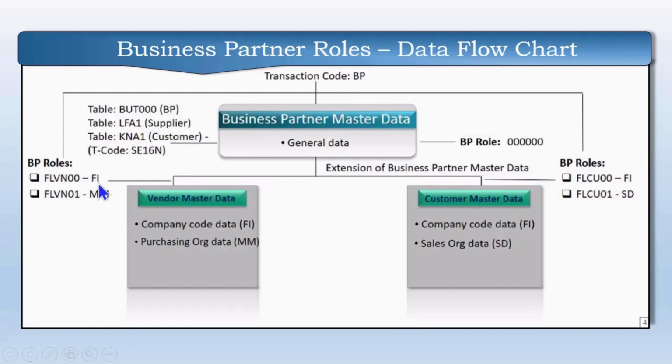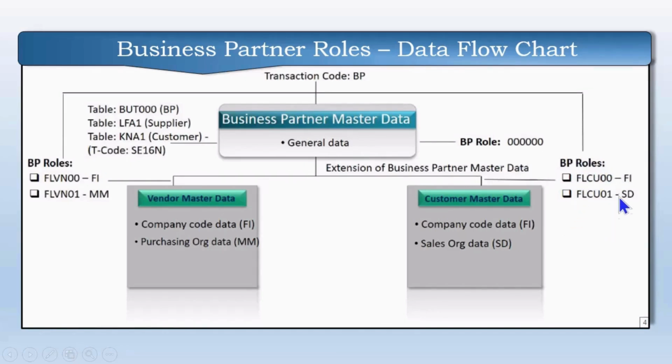FLVN00, that's the finance role, and FLVN01, that's the vendor or supplier role. Vendor and supplier both are the same. You can use vendor or you can use supplier, it's the same terminology. So FLVN01 is the role of a vendor on the sourcing and procurement side. The same thing is extended to the role on the sales and distribution side.